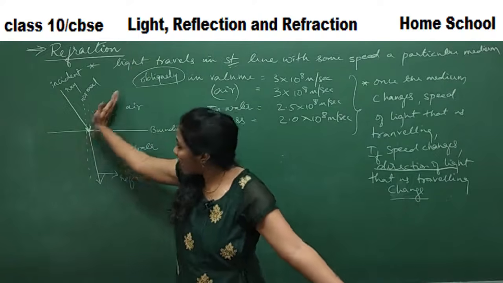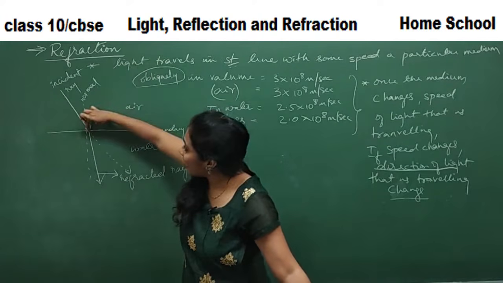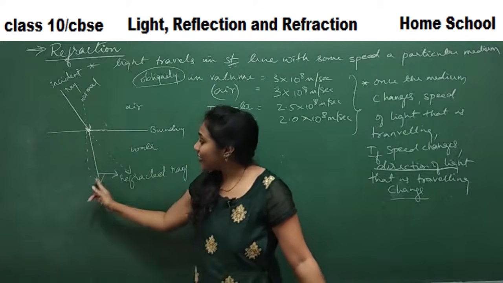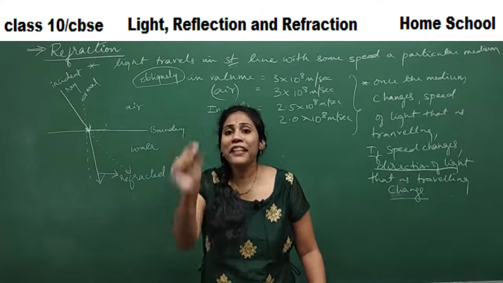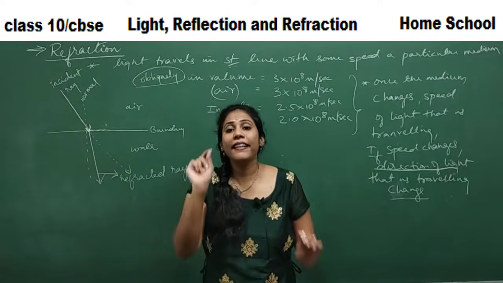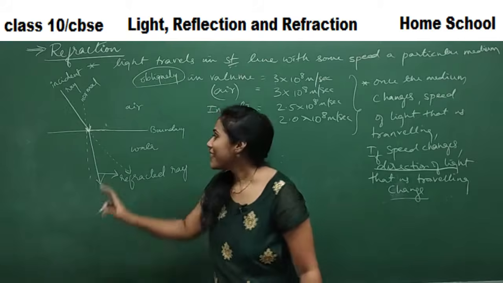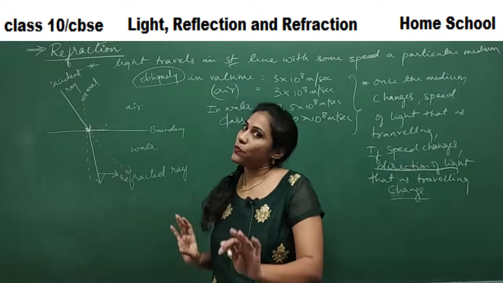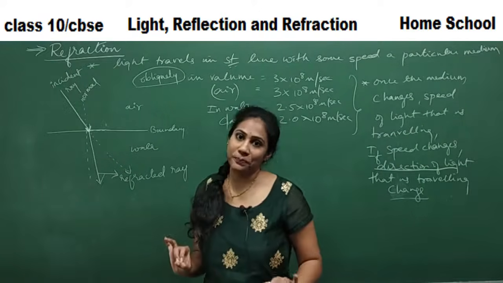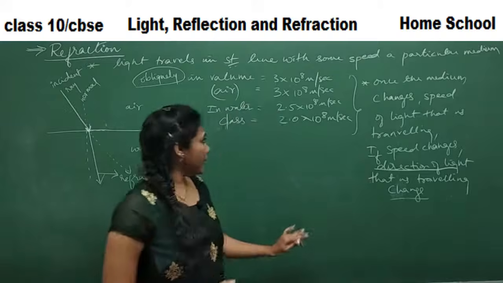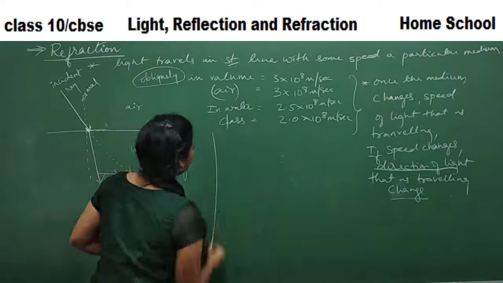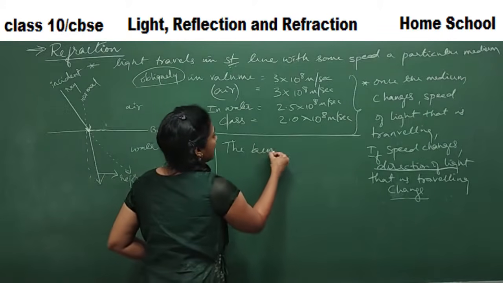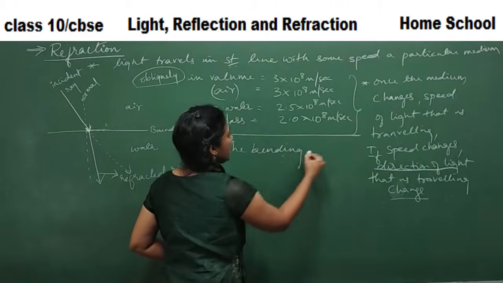But along with some amount of reflection, when light rays travel in another medium, the direction of the light ray changes because the speed of light is different in different media. So this bending of light, this change in the direction of light, is what we will call refraction. Shall we write that definition here? So what do I mention as a definition? The bending of light, you can copy down this definition.